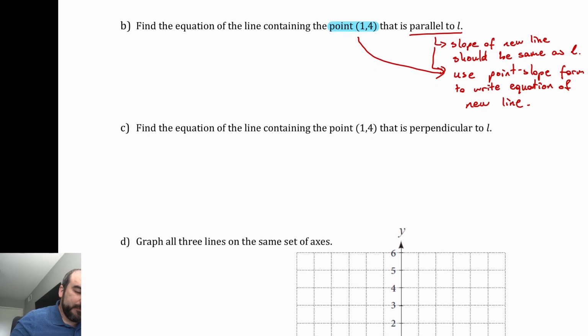Okay, and then part C is very similar, right? It says find the equation of a line, so a new line again containing the point 1 comma 4.